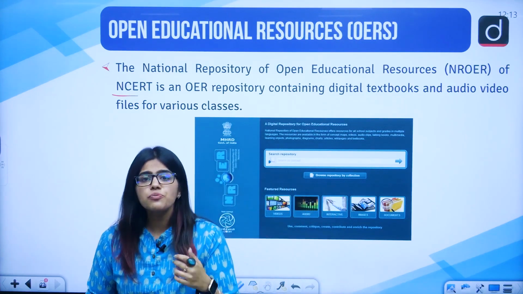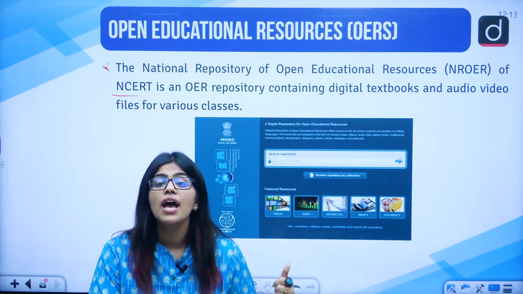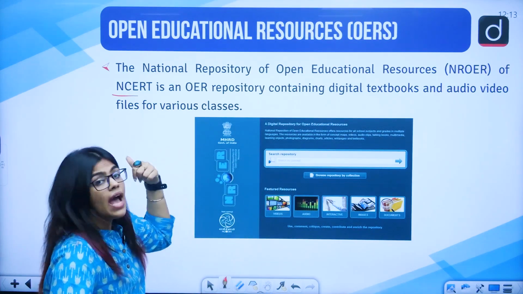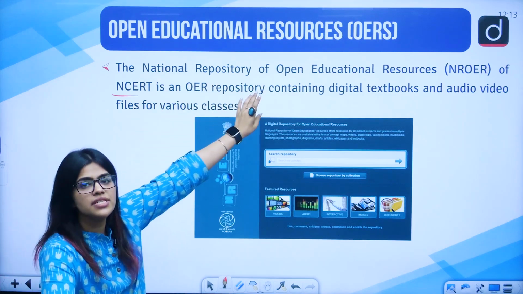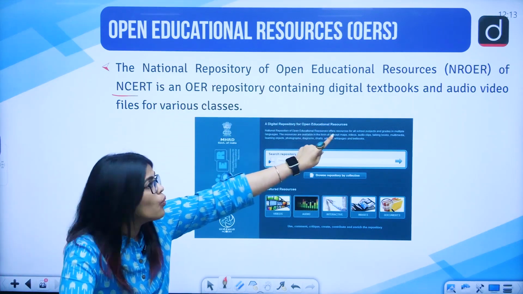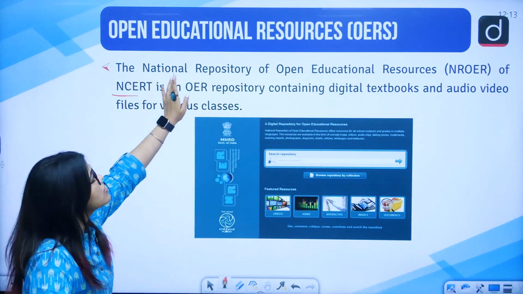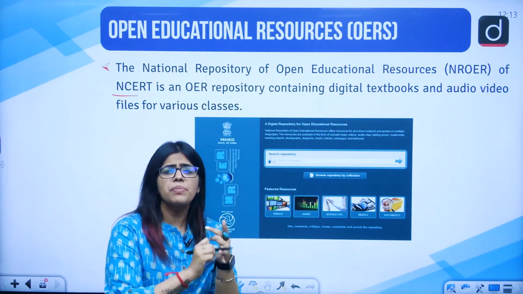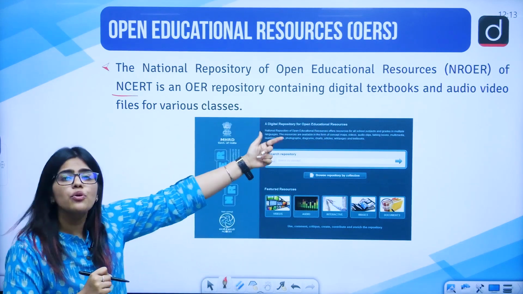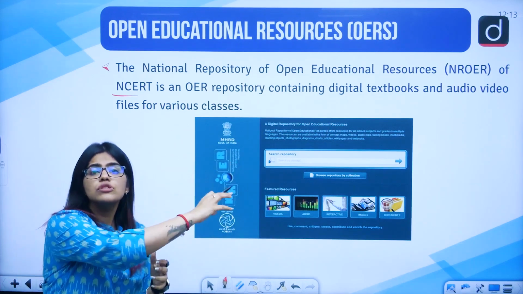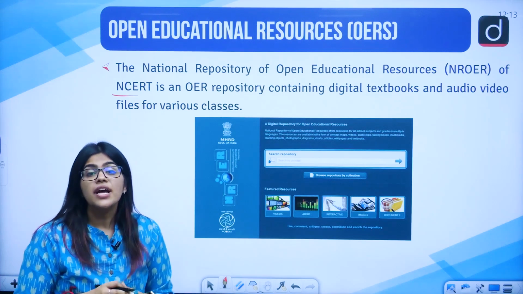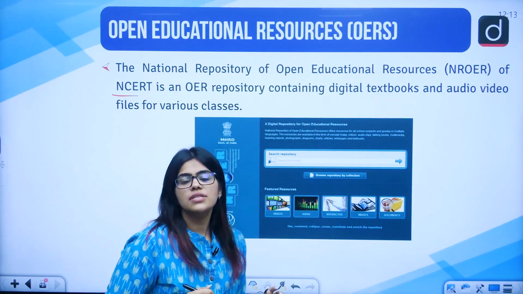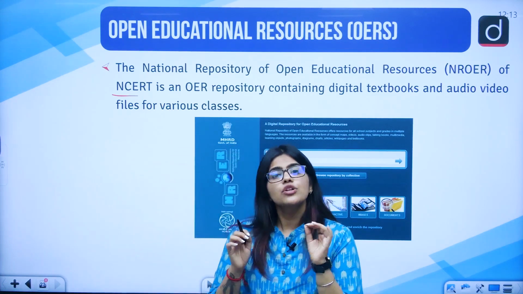If I want to teach my students using technology, I can just go to the page of NCERT and look for this repository, that is the NROER, the National Repository of Open Educational Resources. There are free books, PDFs, and audio video sessions, and I can use those sessions to teach. These are the open educational resources that the teachers can use to teach.